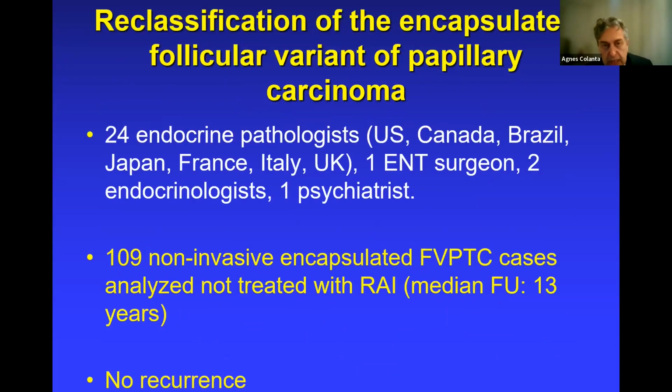In this study, we were 24 endocrine pathologists from throughout the world. We had a surgeon, two endocrinologists, and even one psychiatrist whose main interest was the impact of the nomenclature of disease on patients. He told us that the mere fact that you label a patient as a cancer patient will create enough anxiety that the patient will accept being overtreated.